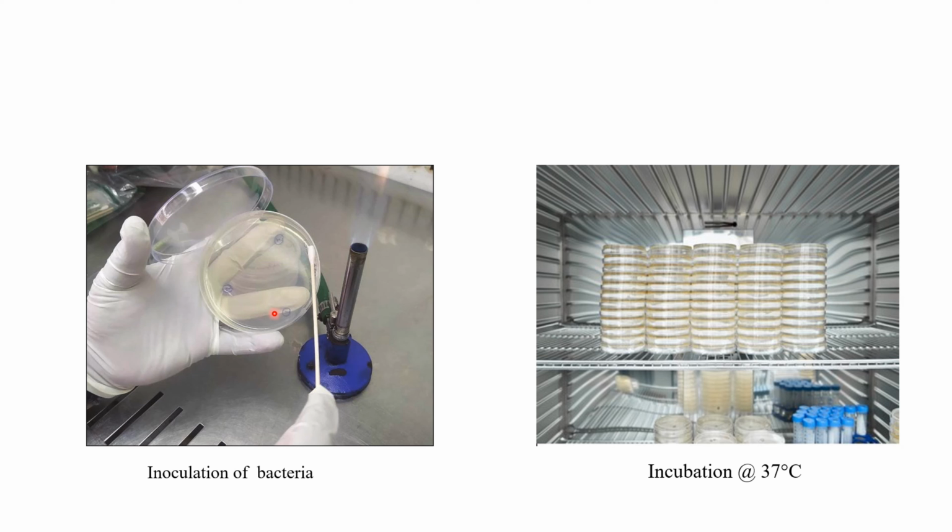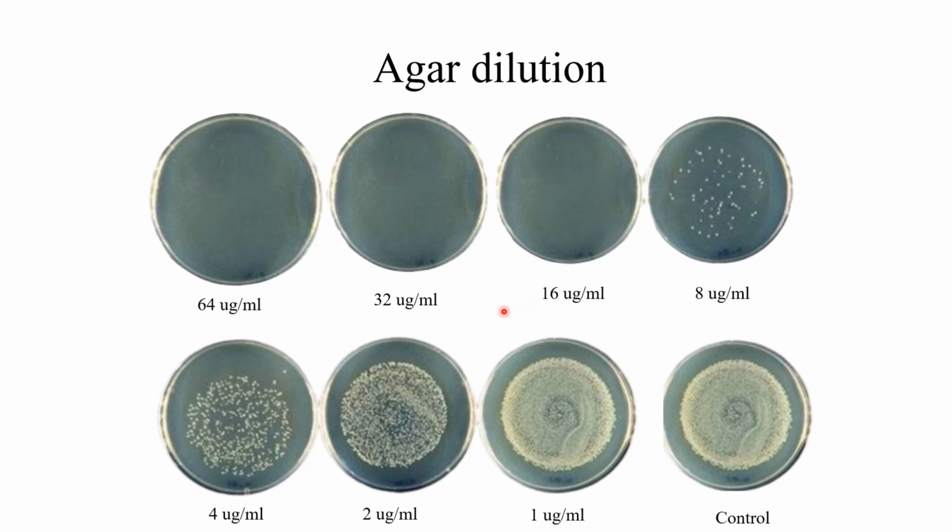After inoculation, we will incubate each plate at 37 degrees Celsius overnight for 16 to 18 hours. So after incubation, we will get the result like this. You can see these three plates don't have any growth, and the growth is starting from this fourth plate, that is 8 microgram per milliliter.